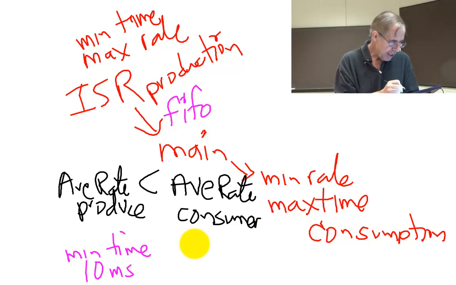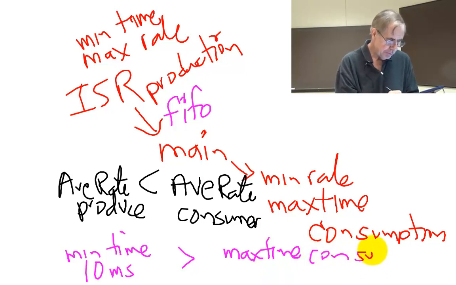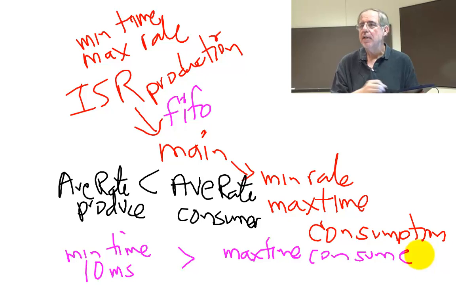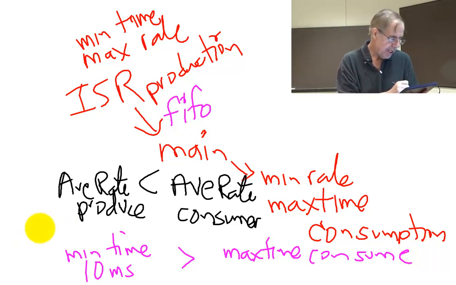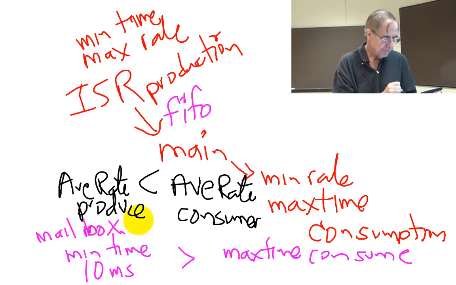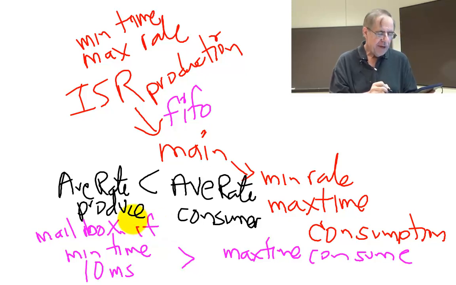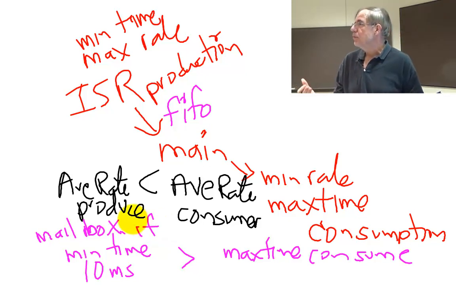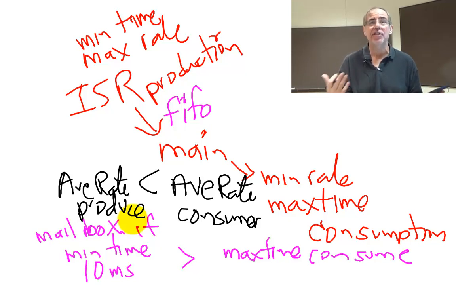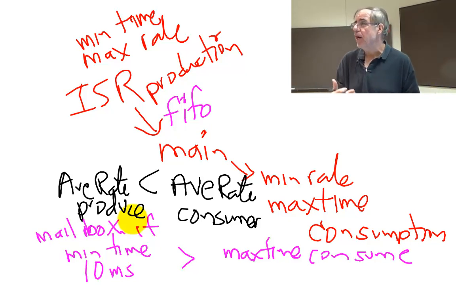If this time is greater than the maximum time to consume, then I can use a mailbox. If I used a FIFO, it would only go up to one element, 0 or 1. So that's actually a way to prove this is true. Stick a FIFO in there, profile the FIFO, you'll see it only has 0 and 1 elements. Does that answer your question?